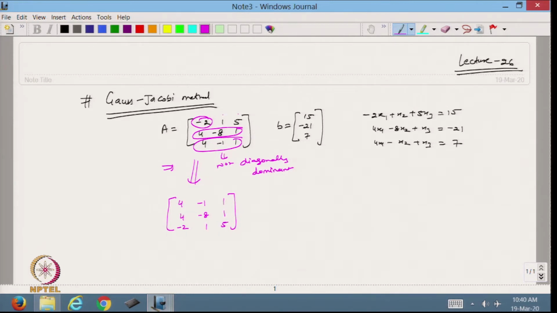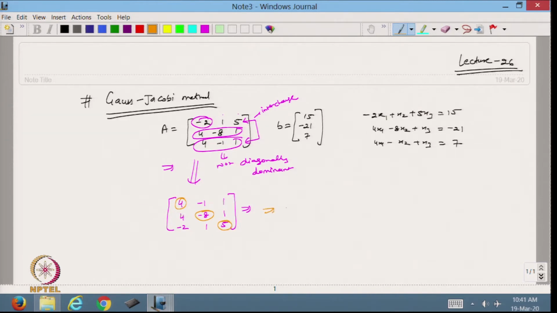I have interchanged the first and this row. Now I can see that 4 is greater than the sum of these, 8 is also greater than this number, and 5 is also greater than this number.